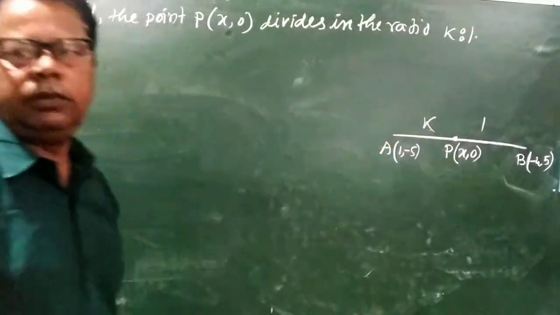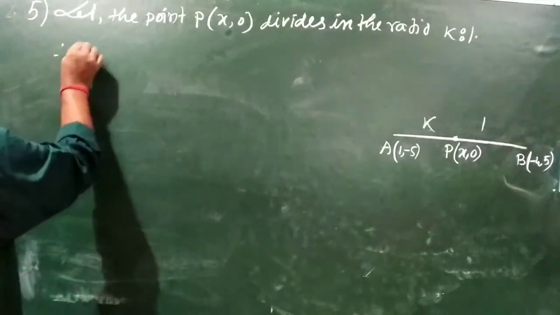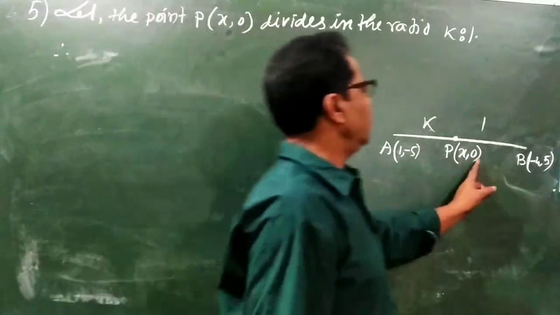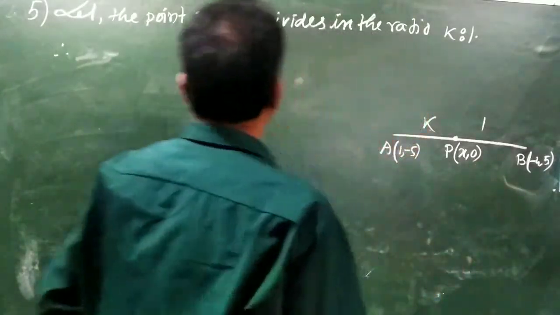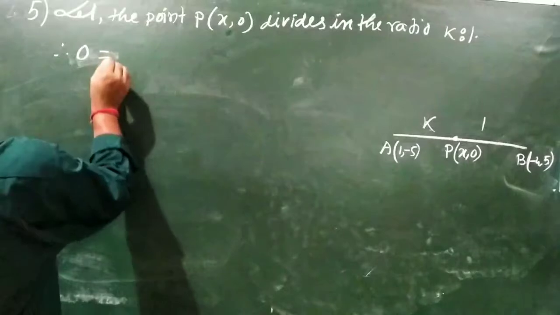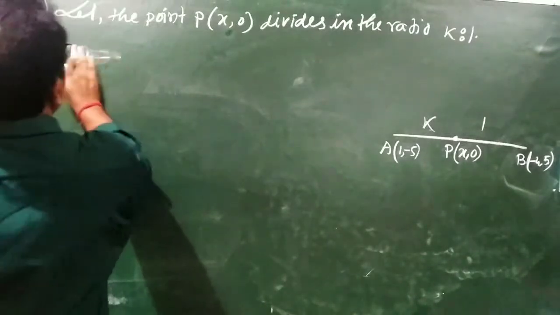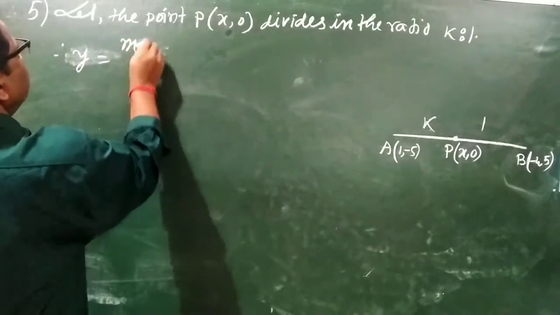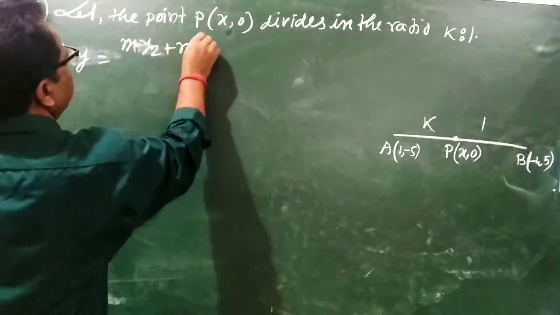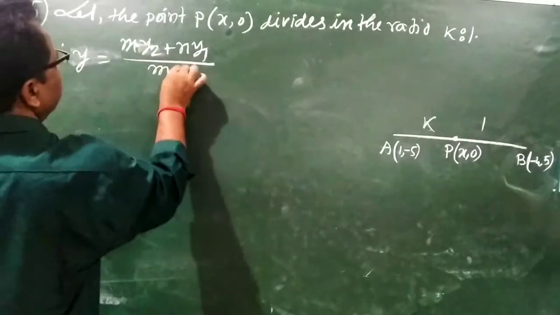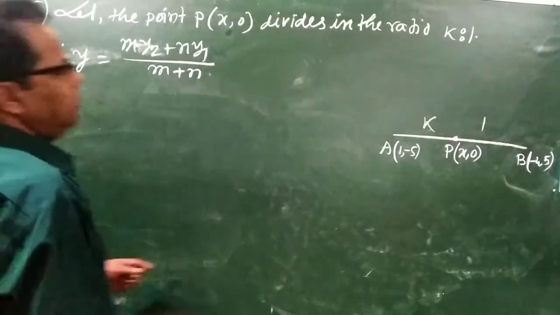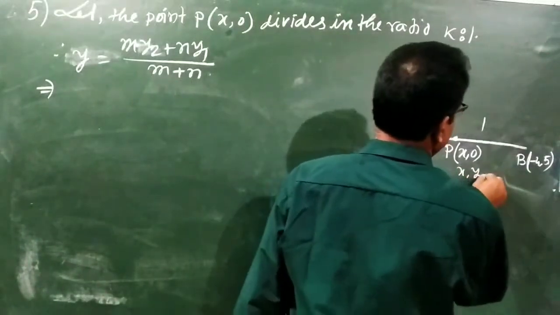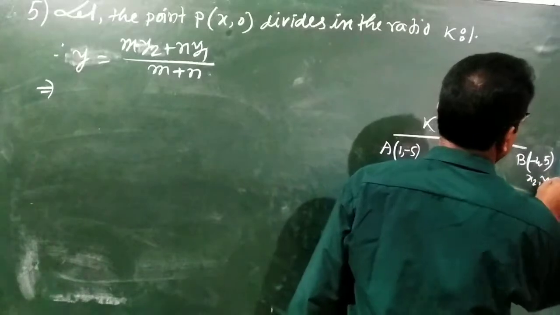Now using the section formula, we will get the value for x, and the value for y we will get directly from the ratio because the y value is 0. So the value for y is: y equal to (m y2 plus n y1) divided by (m plus n). So this is x1, y1, this is x and y, and this is x2, y2.